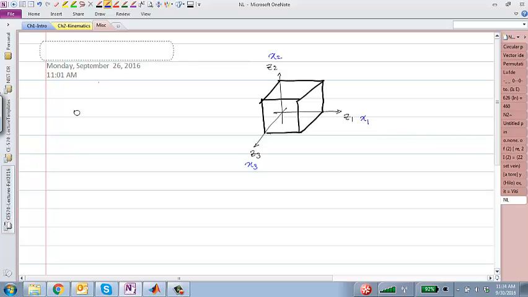So if I look at, let's say, the uniform expansion map, the map is x equal to phi of z, which we said was alpha times z. Now, pick any point in this domain. This point, for example, is 1, 0, 1. Agree? This corner up here is 1, 1, 1.